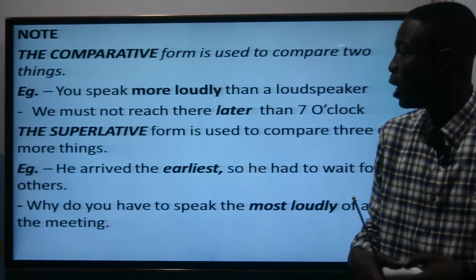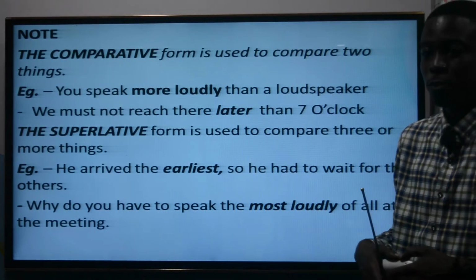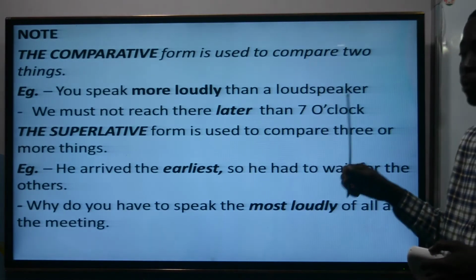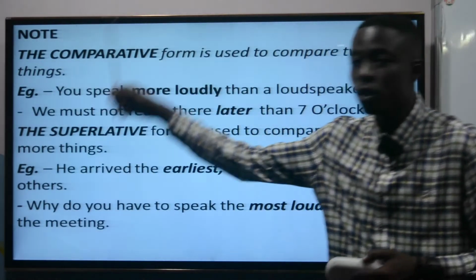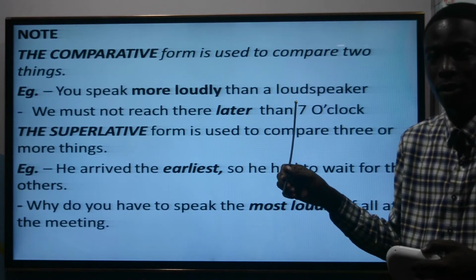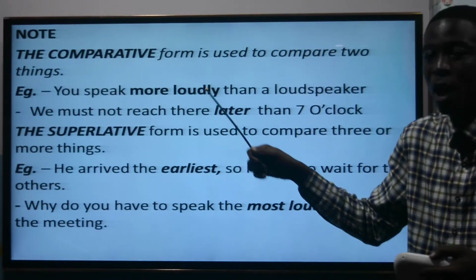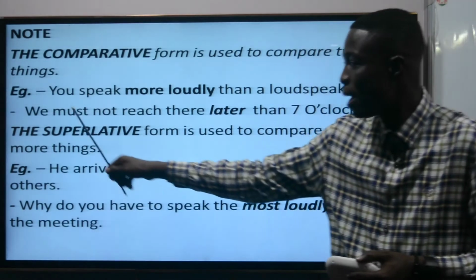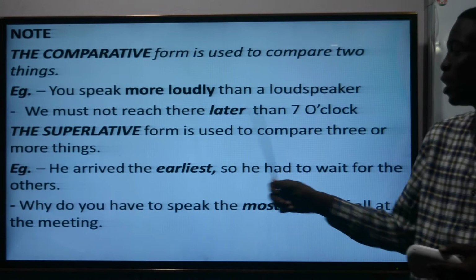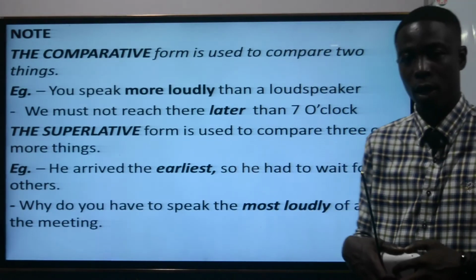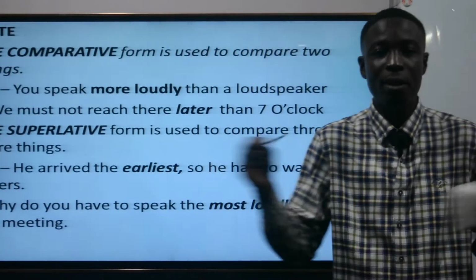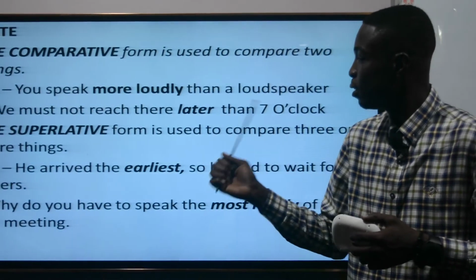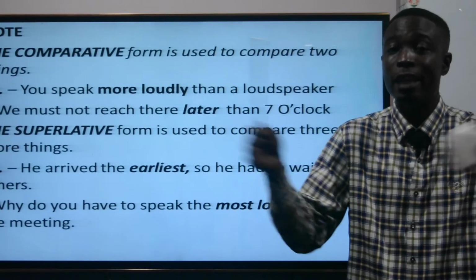You and the loudspeaker are the two things we are comparing. Another example: we must not reach there later than 7 o'clock. So we choose 7 o'clock and any other time. So, two things.